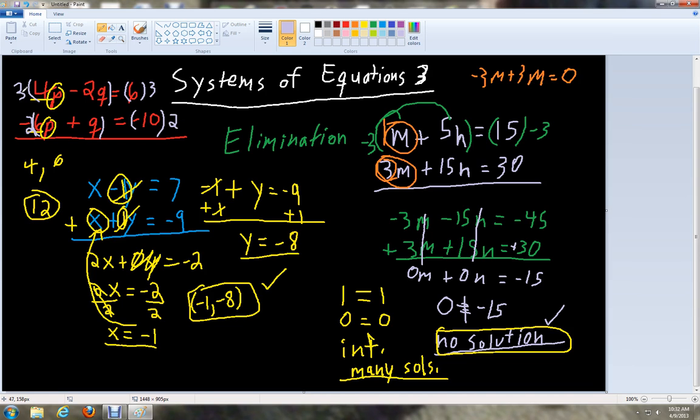And see, you get 3 times 4p is 12p, and then negative 2 times 6p is minus 12p. So you're going to see that the 12p's are going to cancel out, and then now you can solve for q.